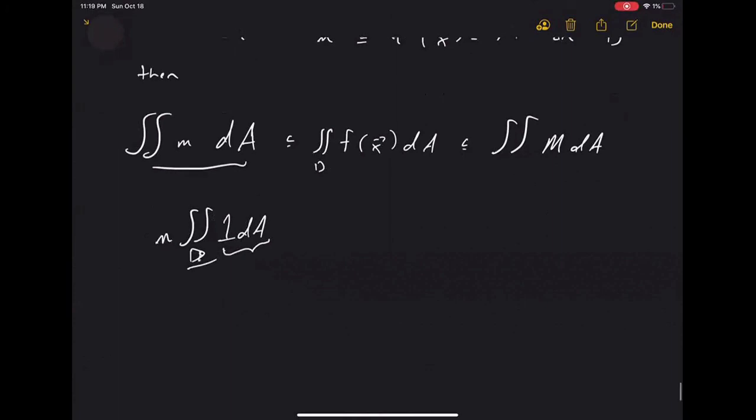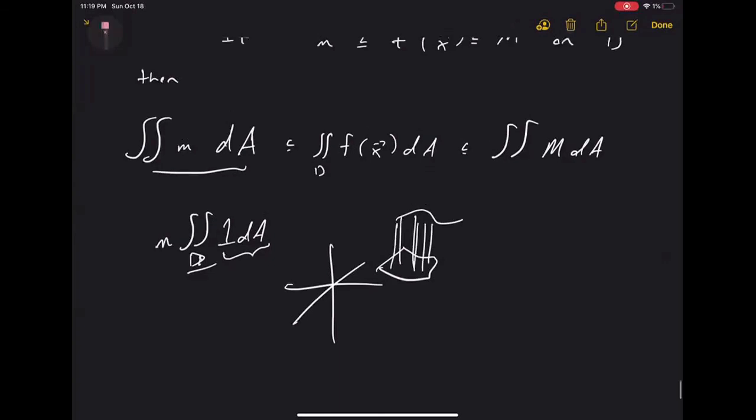Because my region has some surface area, and then I'm basically multiplying by f, which is the height of my rectangles, to get a volume. So if the height is always 1, what's the volume of the box? The volume of the box is just the area of the base, right? But cubed instead of squared.